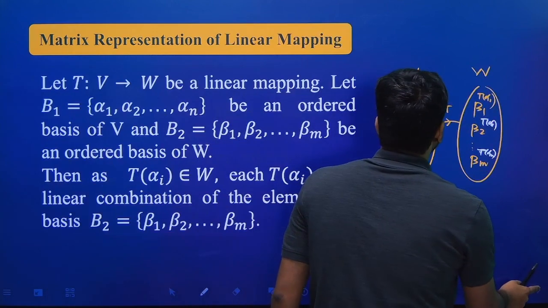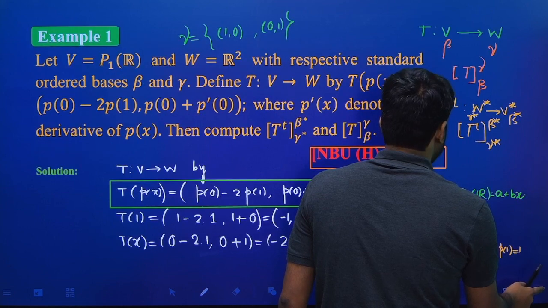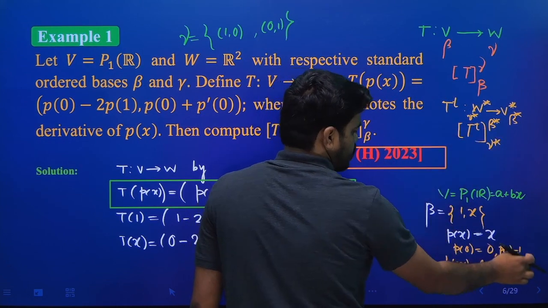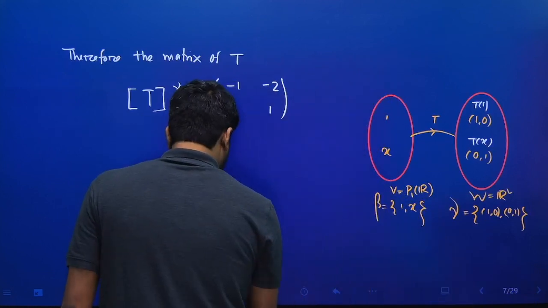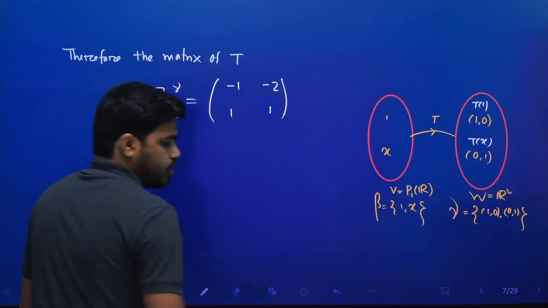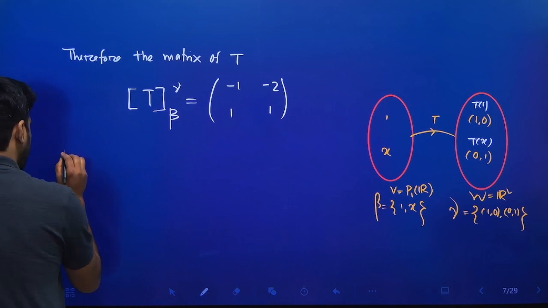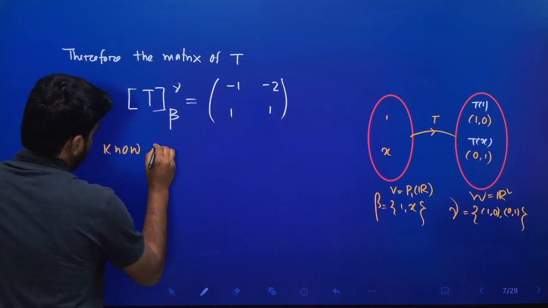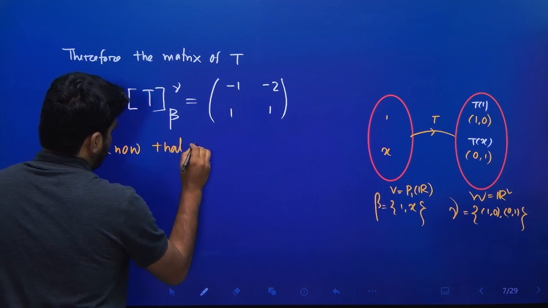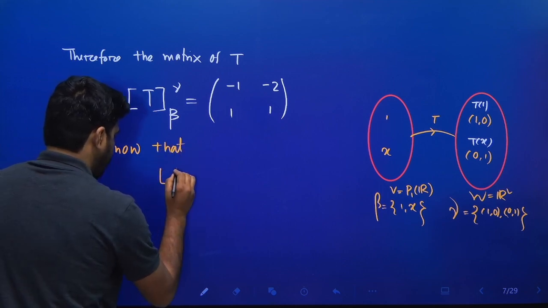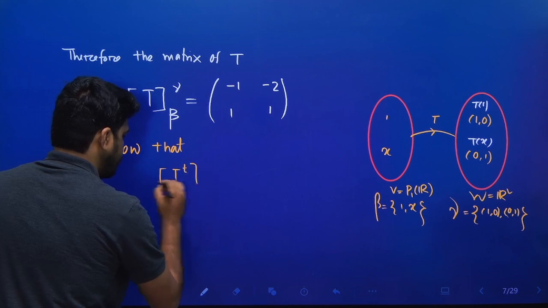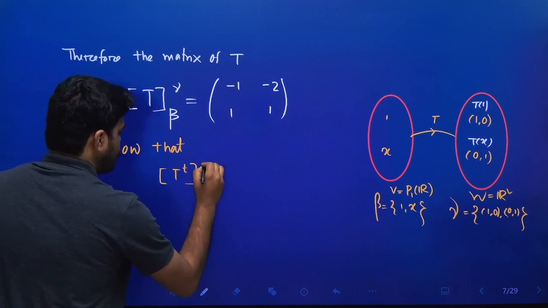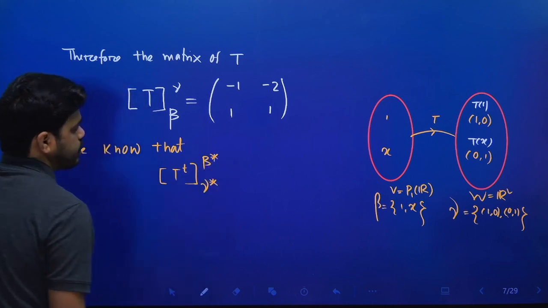So here for this problem, T transpose, gamma star to, now we apply this formula. We know that the matrix representation of T transpose, gamma star to beta star, right?